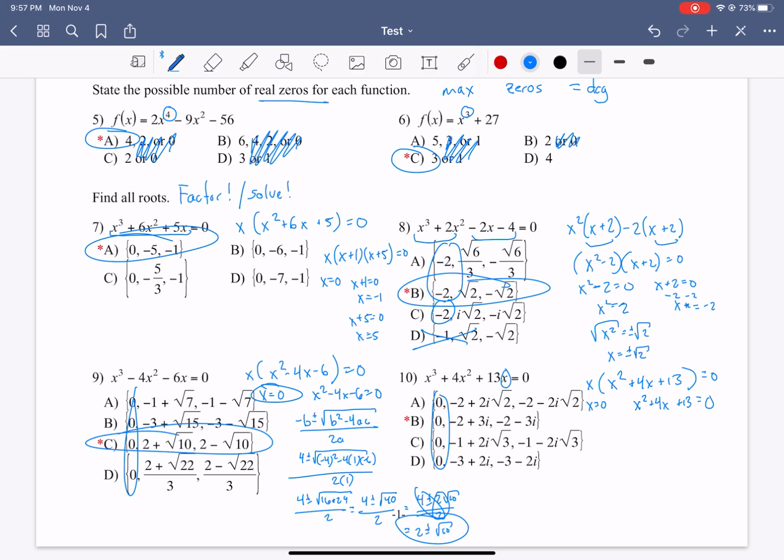So that means x is equal to -b plus or minus the square root of 4 squared minus 4 times 1 times 13 all over 2 times 1. So -4 plus or minus the square root of 16, and here we're going to get some kind of big number, 52, all over 2.